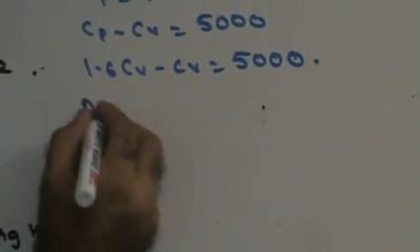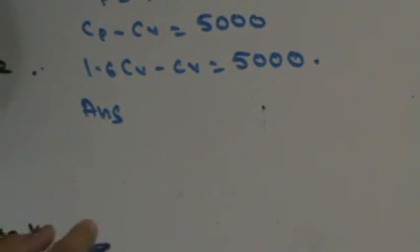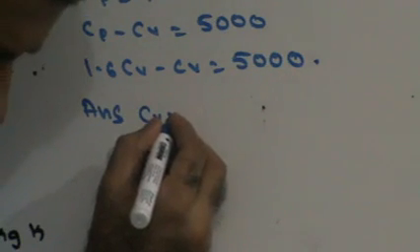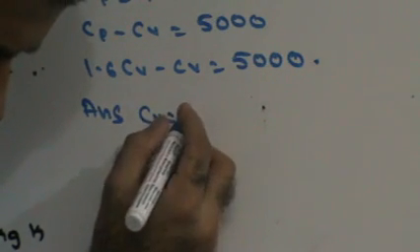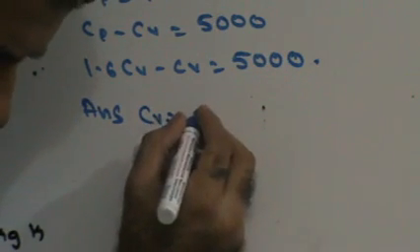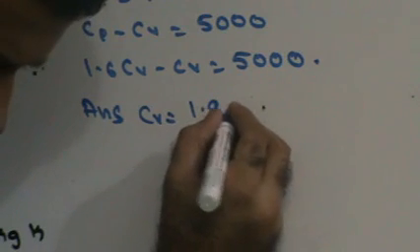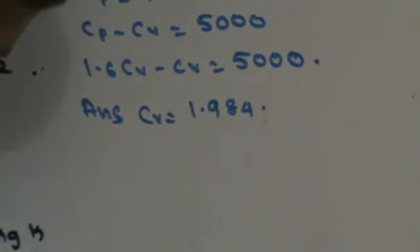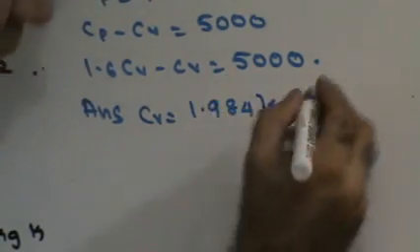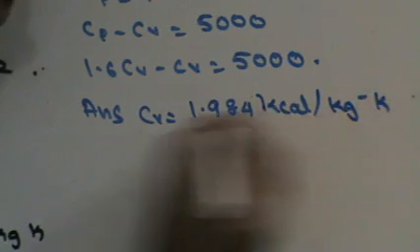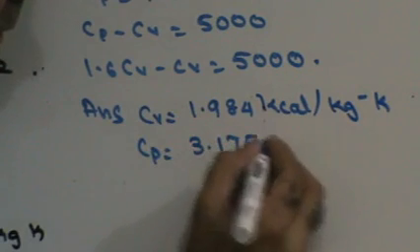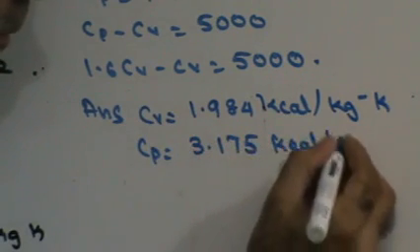The answer for this should be Cv is going to be 1.984 kilocalorie per kg Kelvin, and Cp is equal to 3.175 kilocalorie per kg Kelvin.